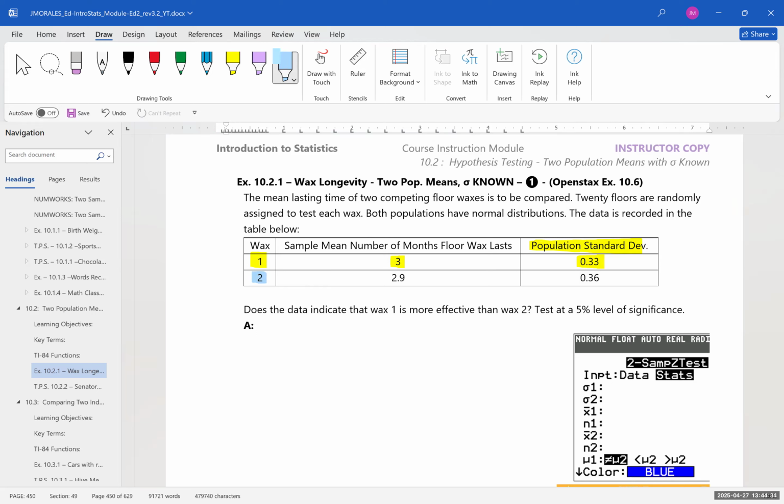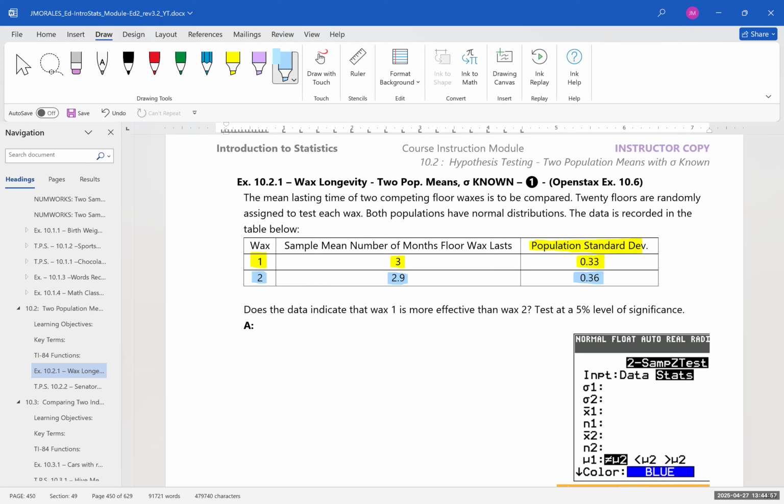Wax number 2 had a mean number of months that it lasted of 2.9 with a population standard deviation of 0.36. So does the data indicate that wax 1 is more effective than wax 2? Test at a 5% level of significance.